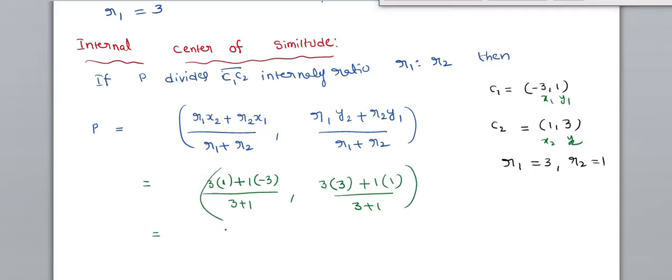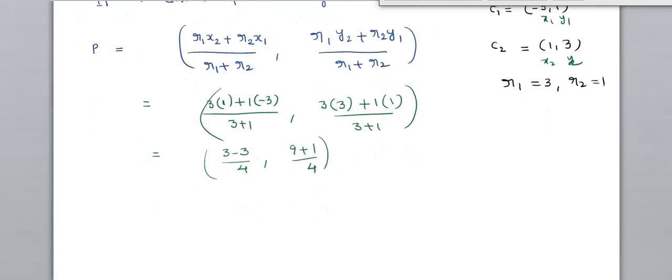So 3 minus 3 by 4, 9 plus 1 by 4. 3 minus 3 is how much? 0. So 0 by 4, 10 by 4. 0 by 4 is 0. 10 by 4 is 5 by 2. That is the P value. Okay, right.